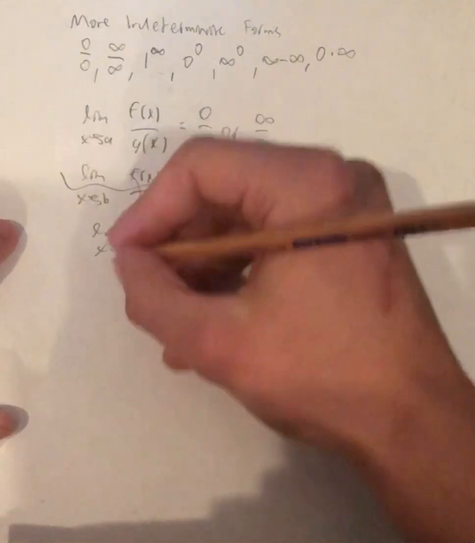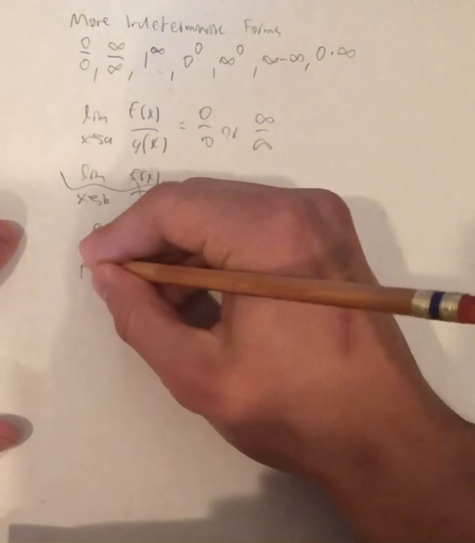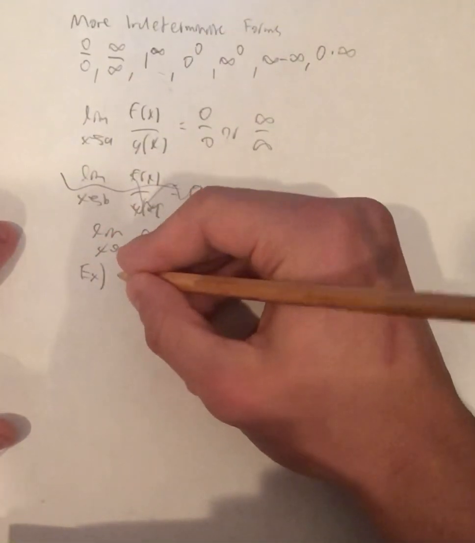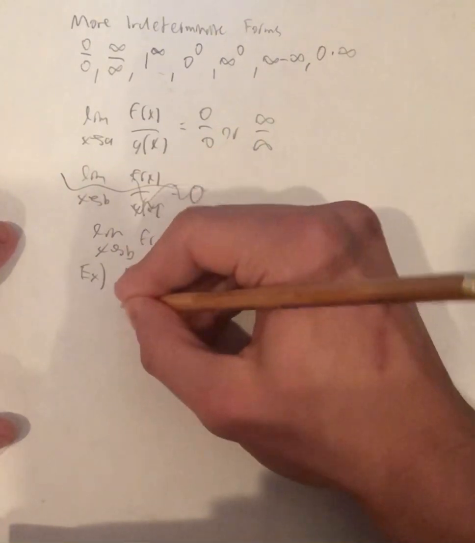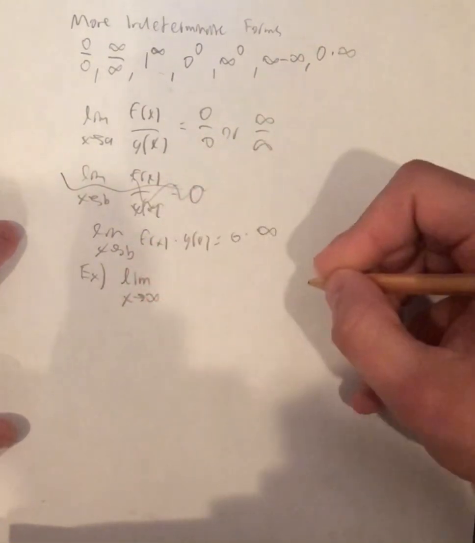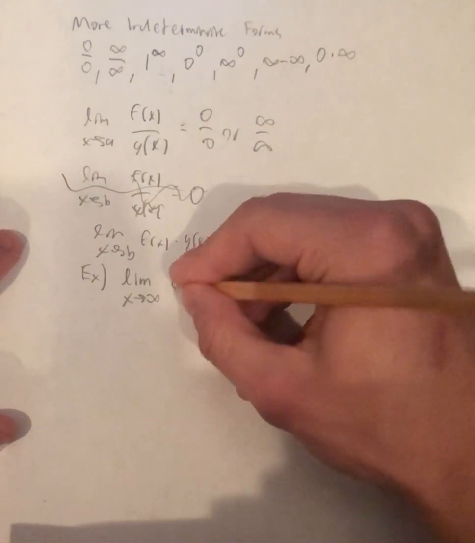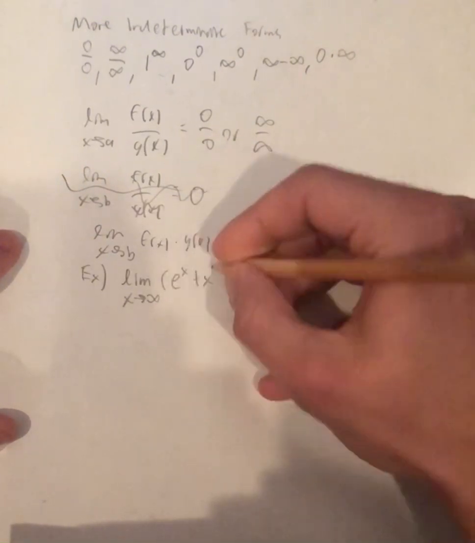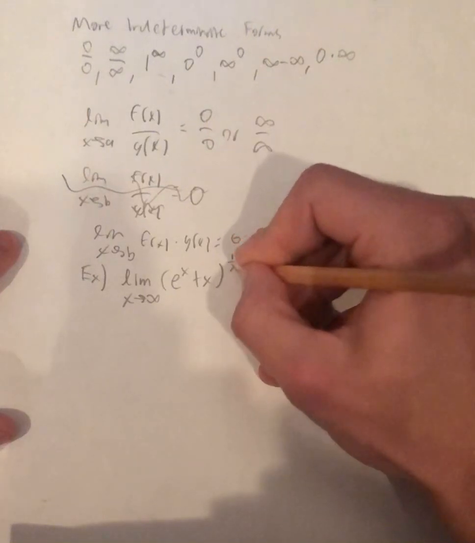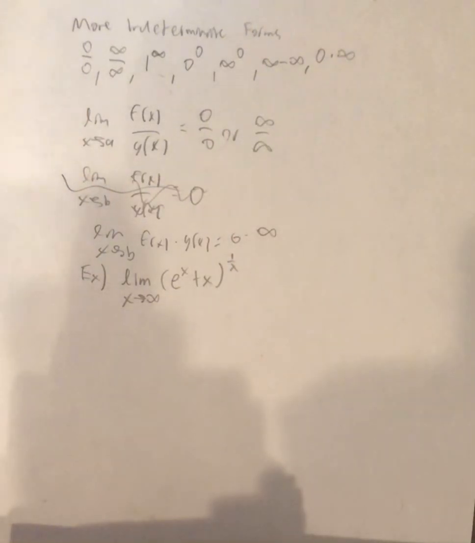All right, here we go. So example, let's take the limit as x approaches infinity of e to the x plus x, to the power of 1 over x. Okay, so seems easy enough. Let's see what we got here.